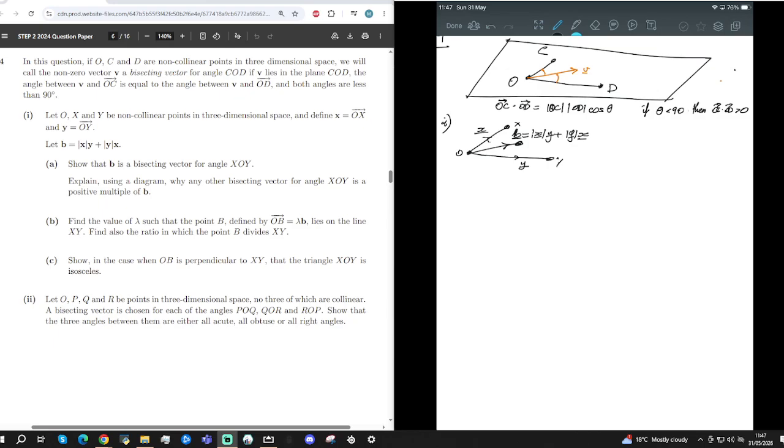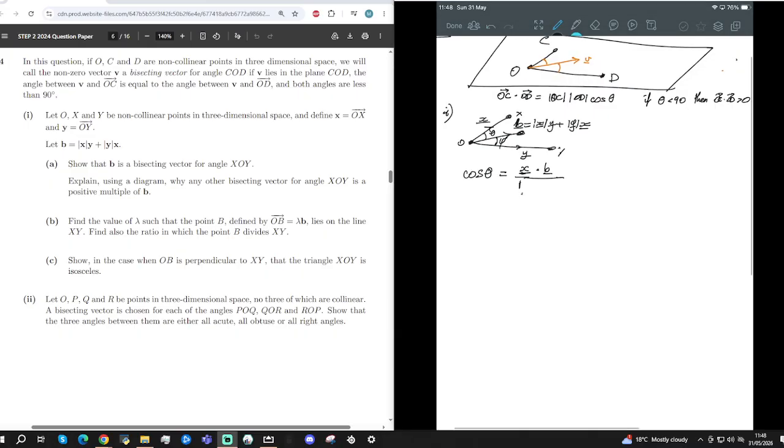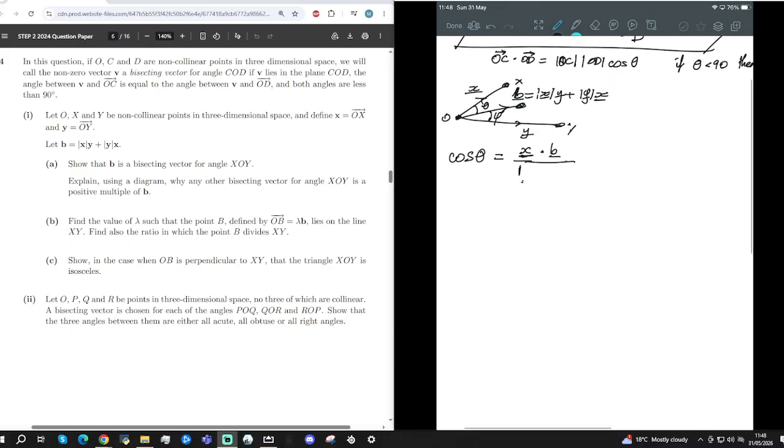So let's try that. Let's say that this angle here is theta and this angle here is phi. Then cos theta is going to be x dotted with b over mod x mod b.